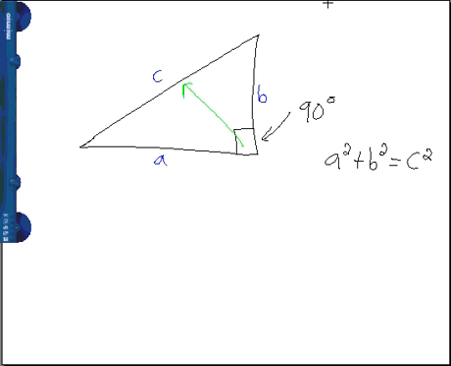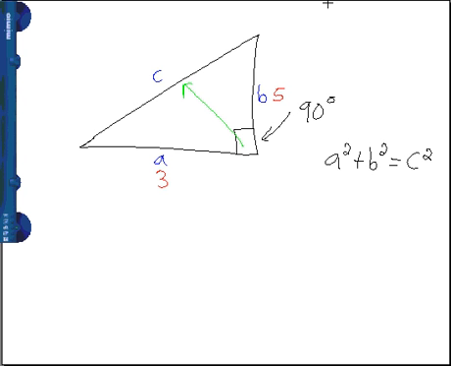Now that's not some kind of magic. It simply means that the length of this side, let's say it's 3, and the length of this side, let's say it's 5, squared and added together will equal the length of the hypotenuse. It's that simple.